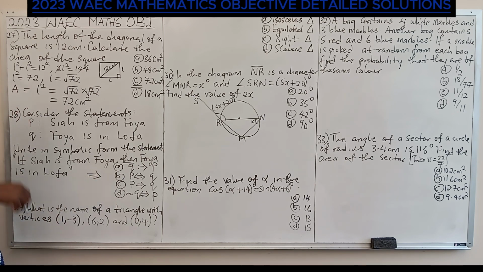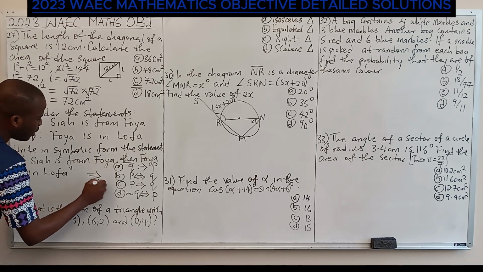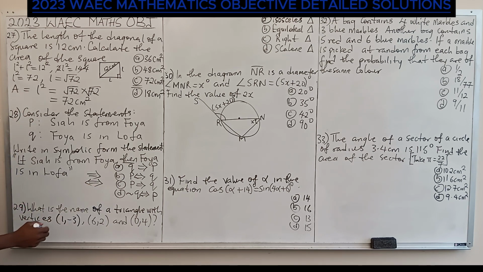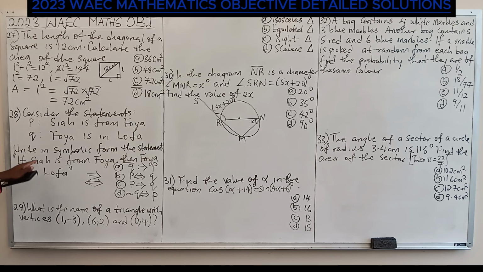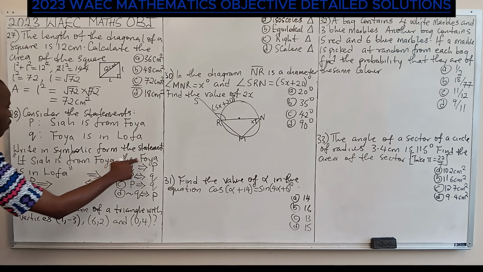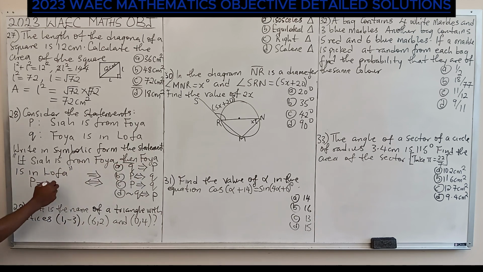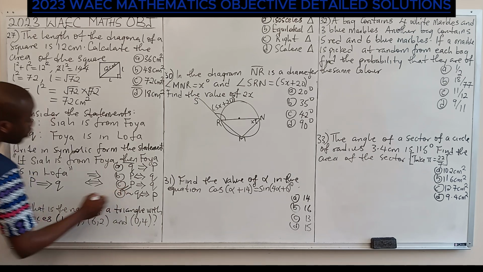The if and only if statement is written as this. So our option is between A and C. But you know that if Sia is P, it means if Sia is from Foya, it implies then that Foya is in Lofa. So P implies Q. So the correct option is C.